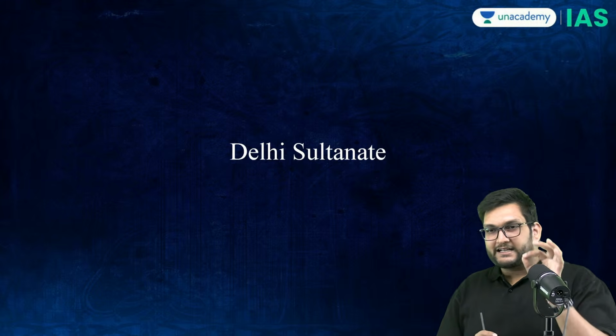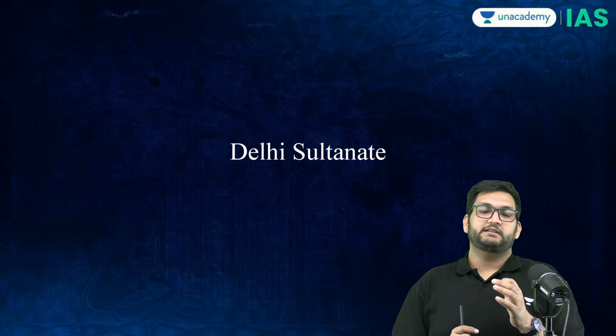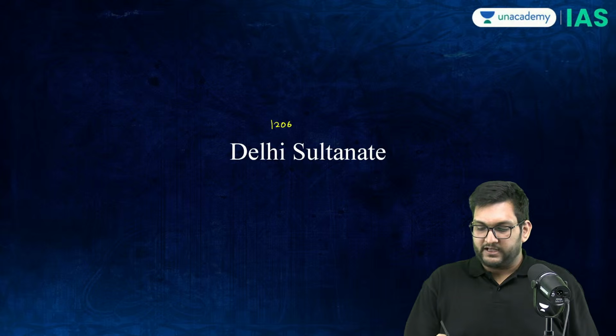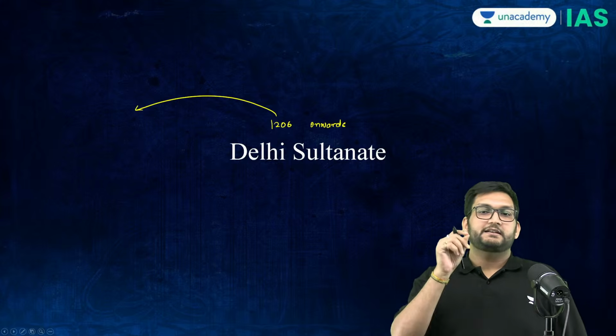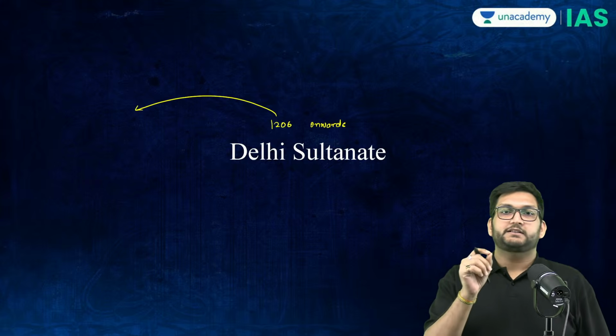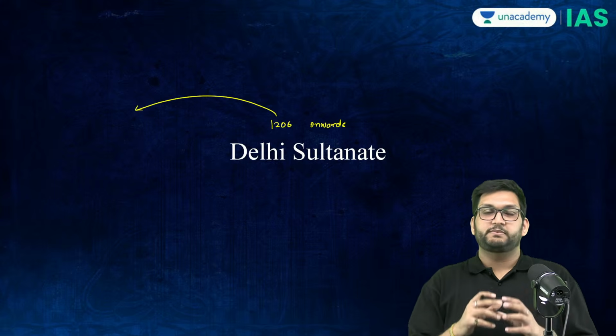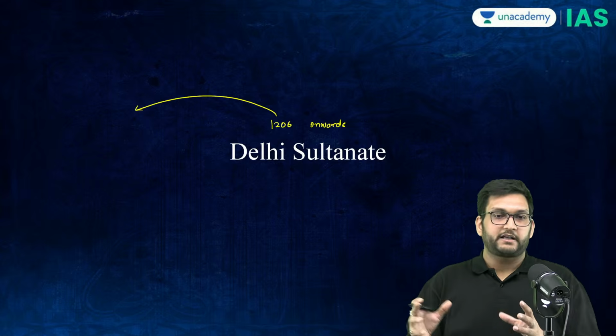Now, the architecture which prevailed before Delhi Sultanate, before 1206, we are discussing 1206 onwards in that regard. It is temple architecture. Temple architecture is based on grandeur, it is based on structural temples, brick temples.